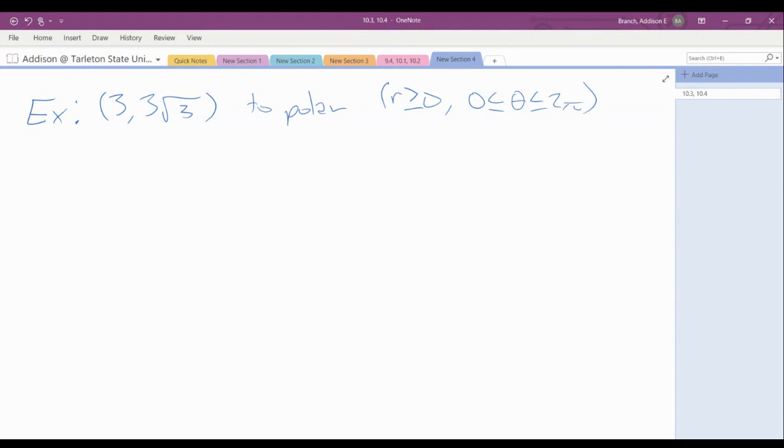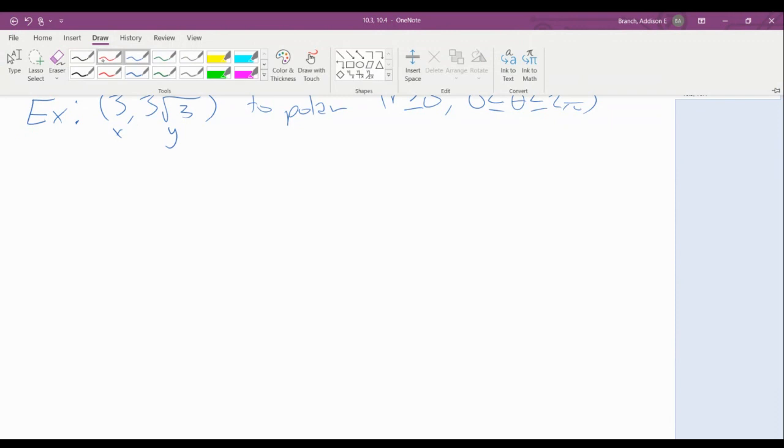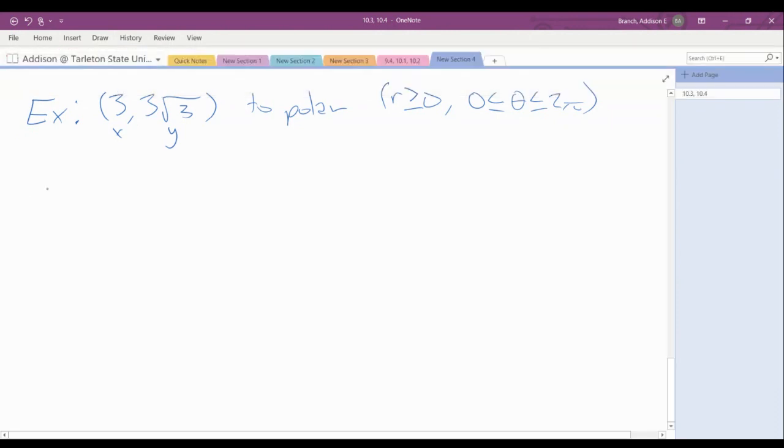All right, so let's think about some of the identities that we can use. We have our x and we have our y, so we still need to find our r and our theta. Well, we have an easy expression for r that involves x and y, because x squared plus y squared is equal to r squared.